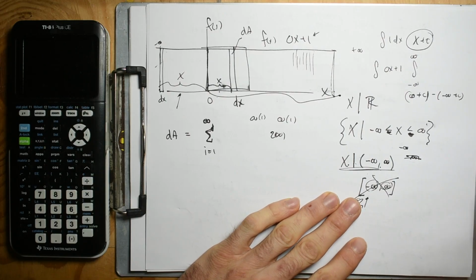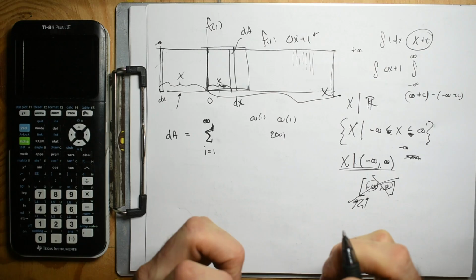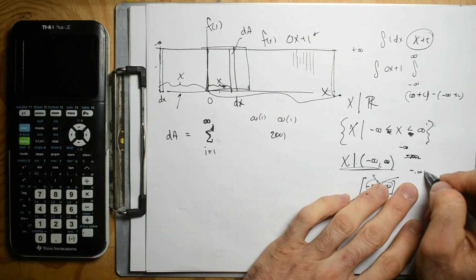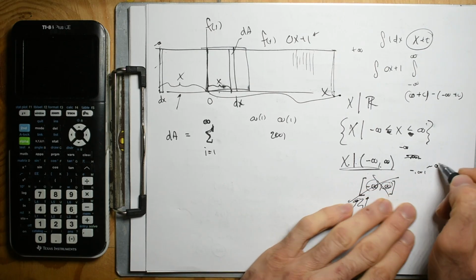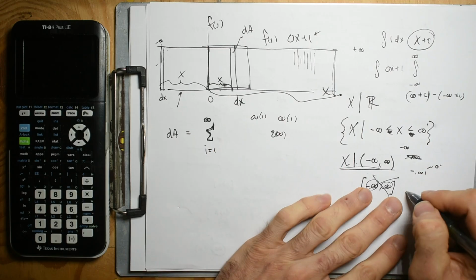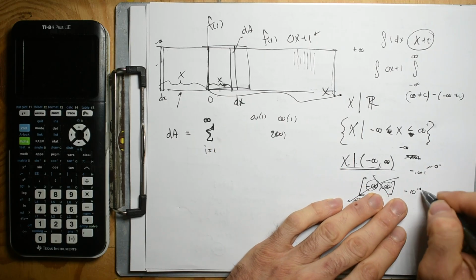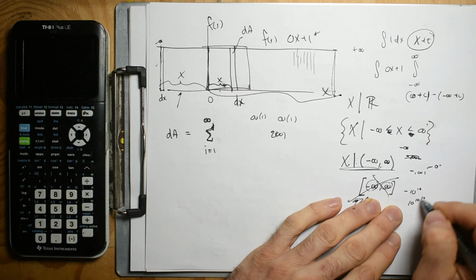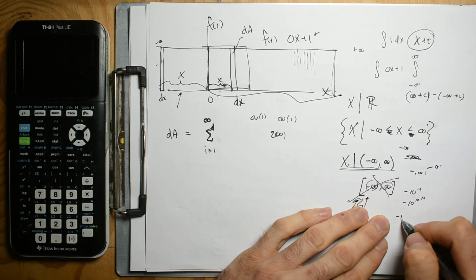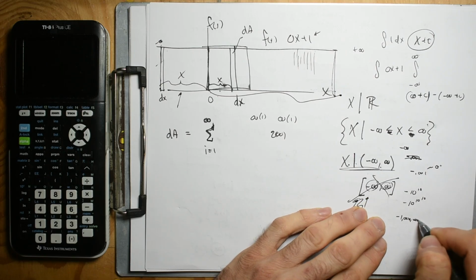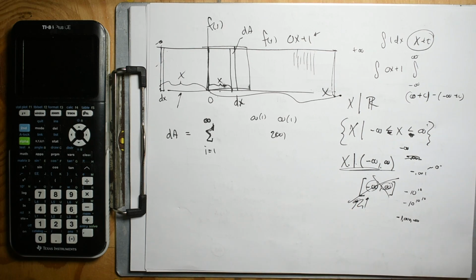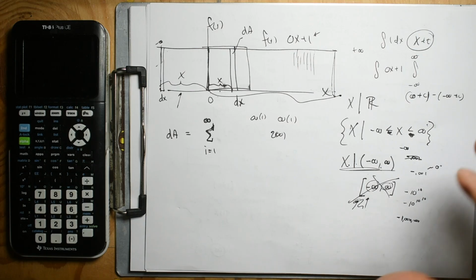Negative infinity is the biggest negative number. Negative 0.001 is just approximately 0. Negative infinity is like negative 10 to the 10, 10 to the 10 to the 10, negative a big number, negative a million. You know what I mean? That's big enough, for a big negative number.